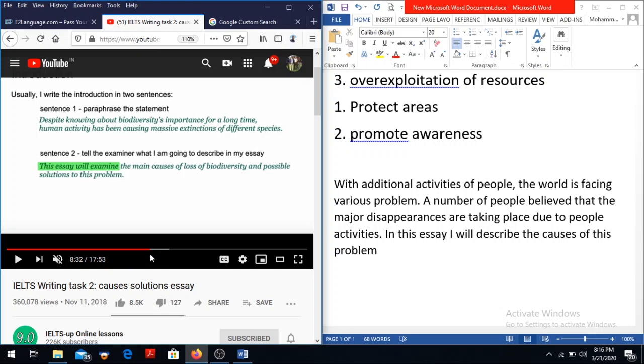Here it is written: this essay will examine the main causes of loss of biodiversity and possible solutions to this problem.